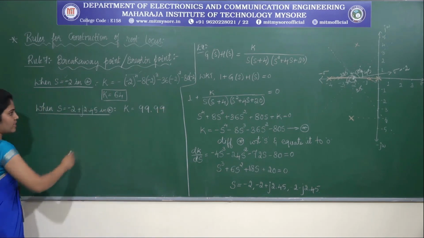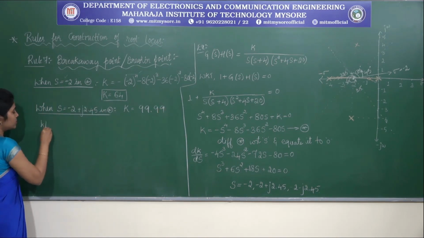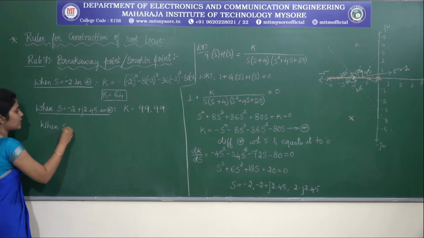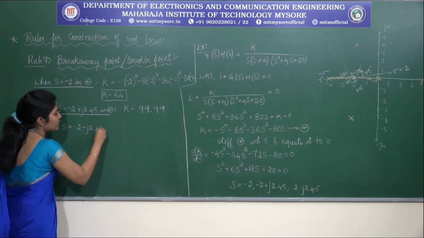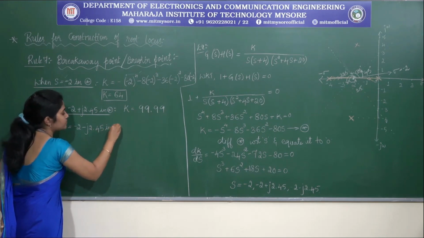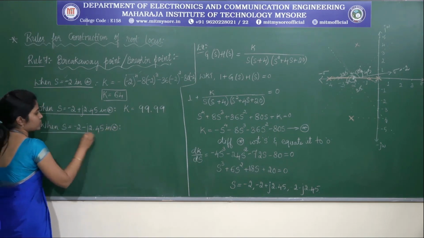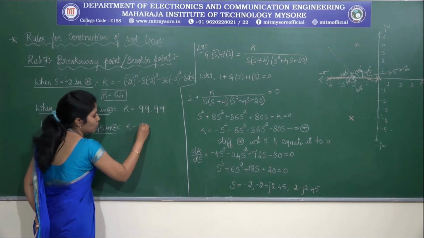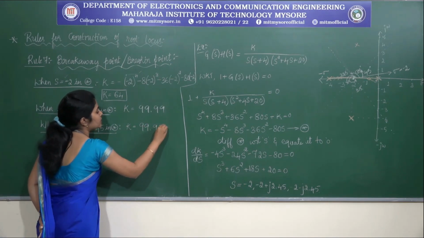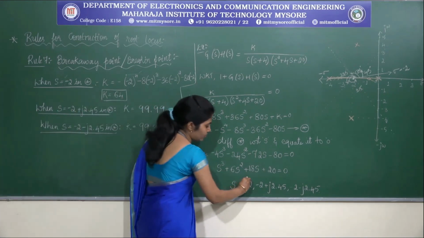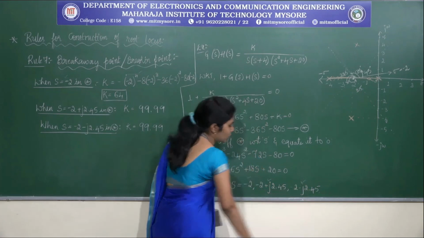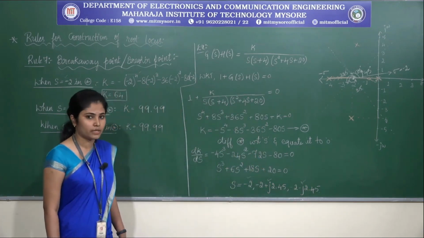Similarly, when I substitute the value of s as minus 2 minus j 2.45 in star, the value for k will also be equal to 99.99. Therefore, all three roots of the equation are valid breakaway points.